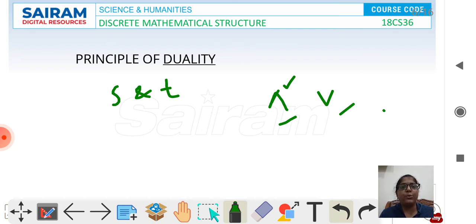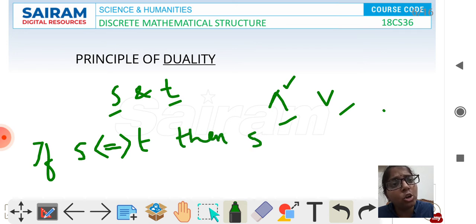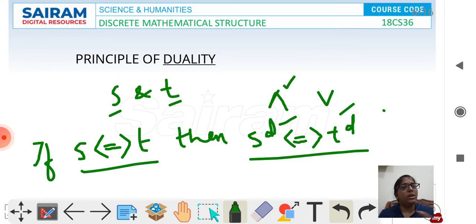So what is the principle of duality? Whenever S is logically equivalent to T, then its dual is also logically equivalent: S dual is logically equivalent to T dual. This is nothing but the principle of duality. Let S and T be two statements. If S is logically equivalent to T, then S dual is also logically equivalent to T dual.